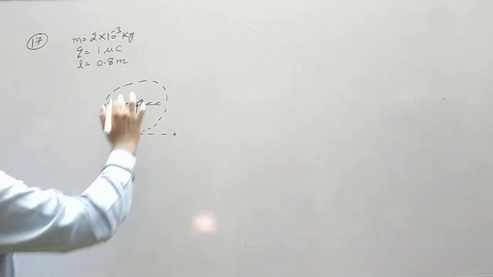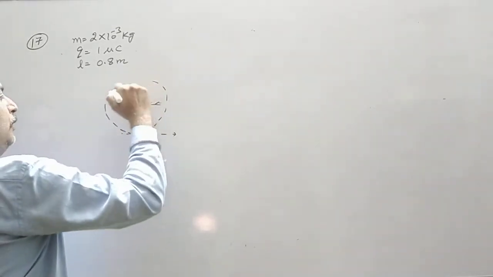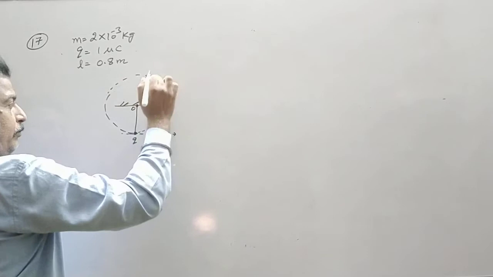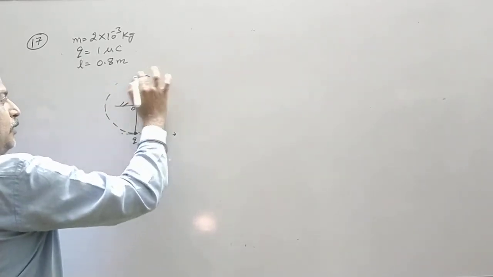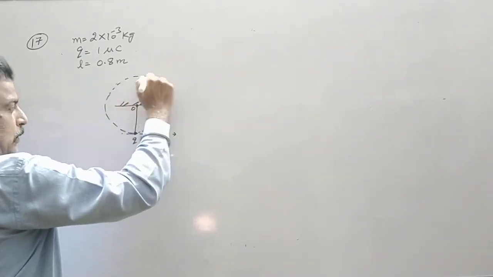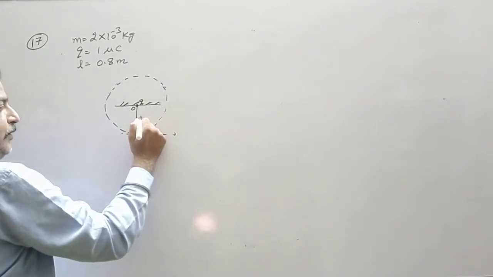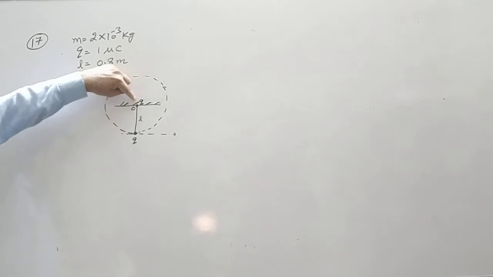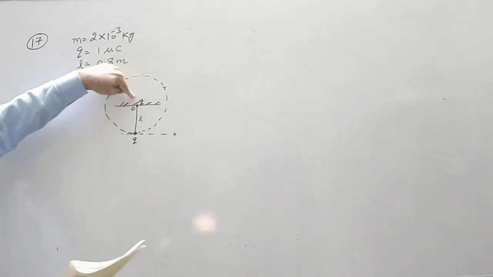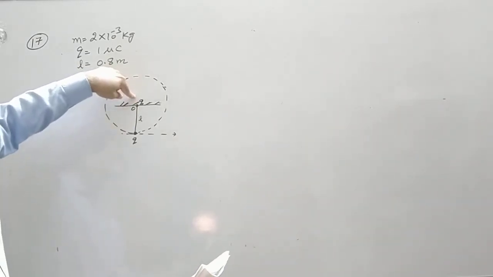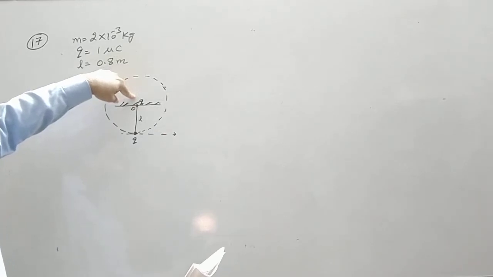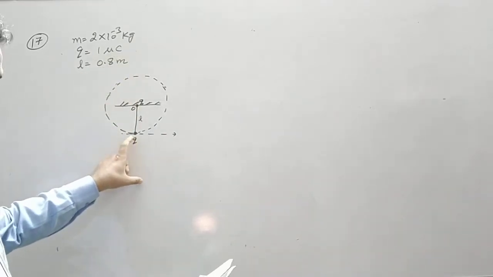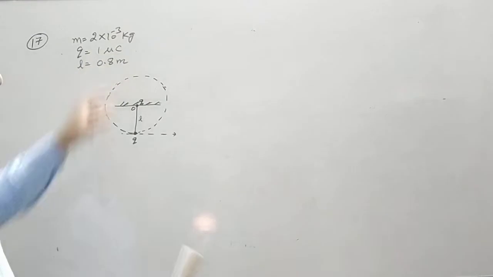So this is the situation. This should be a circle having the radius equal to the length of the string. So this charge is fixed. The question is, what should be the minimum horizontal velocity which should be imparted to the lower ball so that it can make a complete revolution.